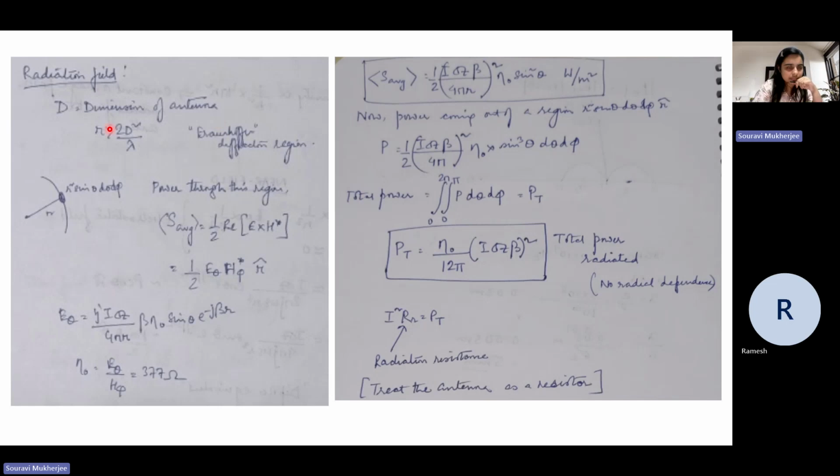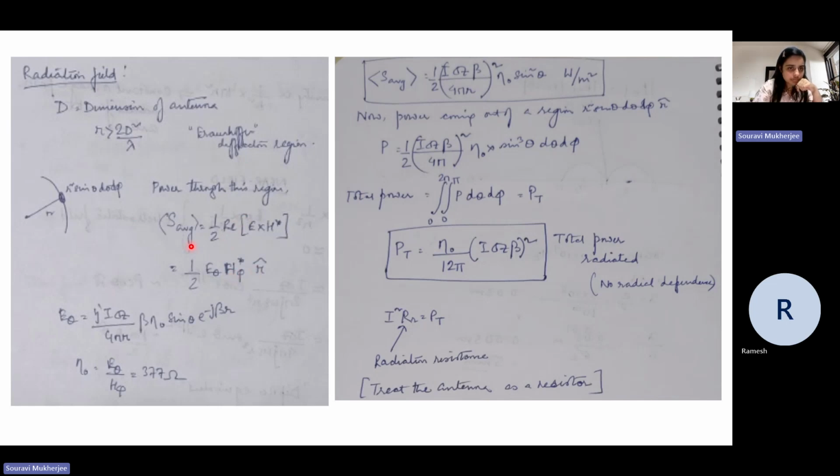If d is the dimension of the antenna, and r is much greater than 2d squared by lambda, that's the regime where you can consider it to be a dipole antenna. And in those cases you can always find an expression for the power.